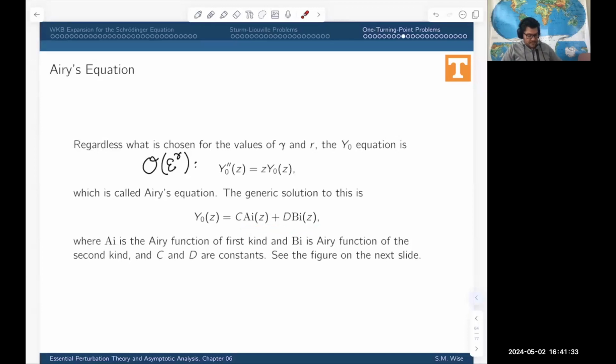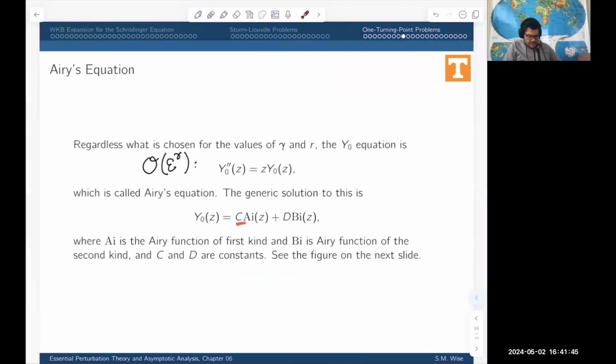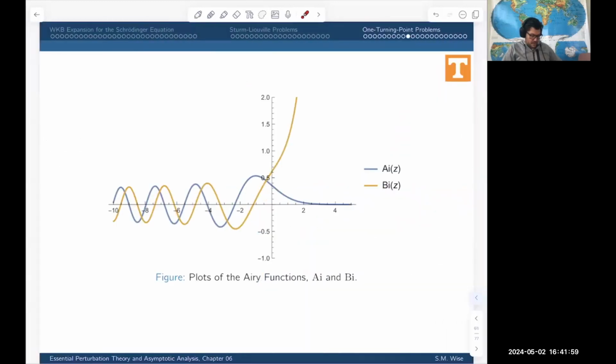These Airy functions only exist in terms of complicated integral formulas or power series, etc. So these constants C and D we're going to have to wait to determine through matching. But as I said, these are two linearly independent functions, and here are the plots of those.